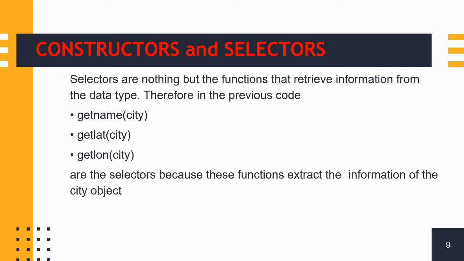Selectors are nothing but the functions that retrieve information from the data type. Therefore, in the previous code, get name of city, get latitude of city and get longitude of city are the selectors, because these functions extract the information of the city object.